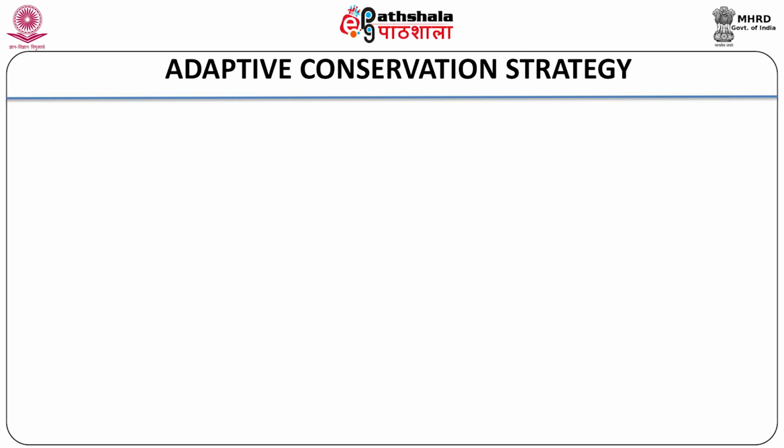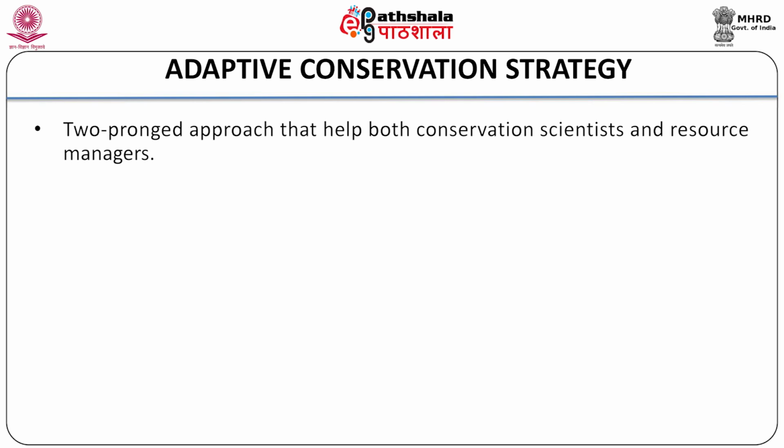Adaptive conservation strategy. An adaptive conservation strategy is a two-pronged approach that can help both conservation scientists and resource managers achieve their goals. It fosters applied science through true adaptive management on the ground and fosters learning organizations through the development of adaptive conservation plans.